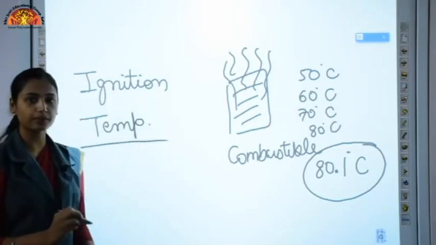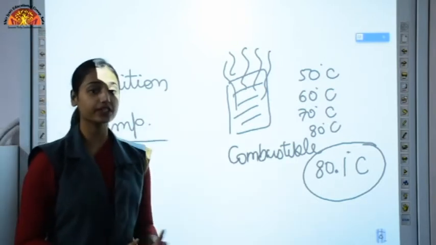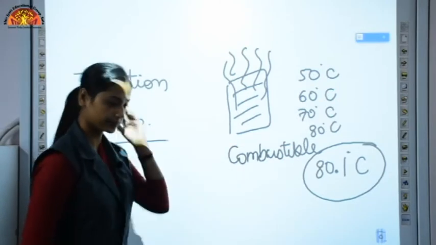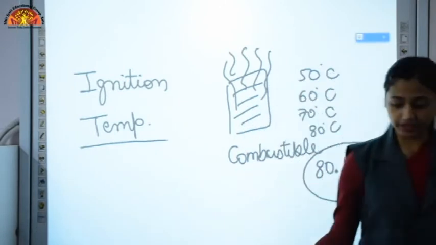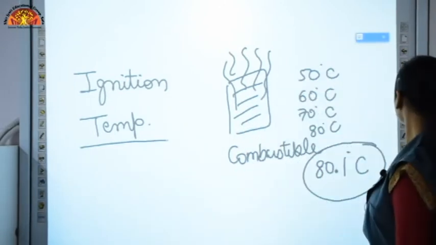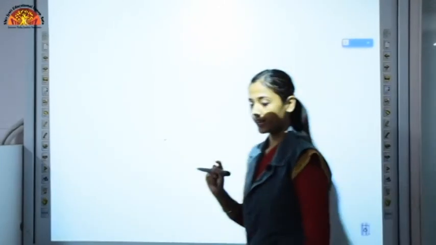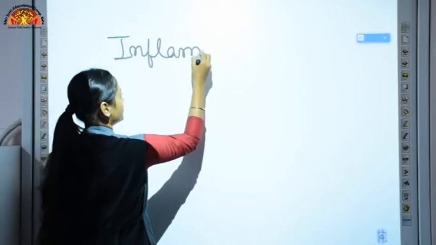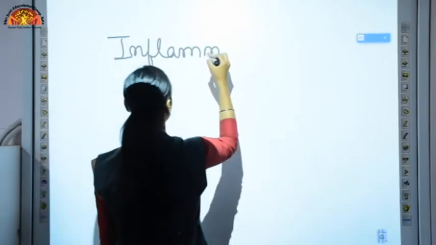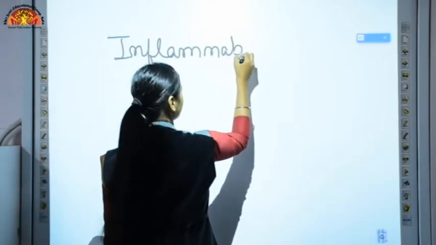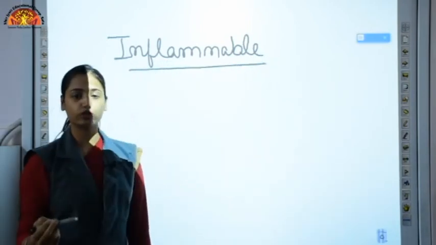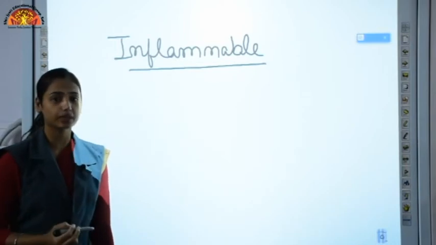What is ignition temperature? The minimum temperature at which a combustible substance starts burning. Understood? Now the next term is inflammable substances. You have seen that near petrol pumps, smoking is not allowed. Why? Because petrol, diesel, these all are inflammable substances.